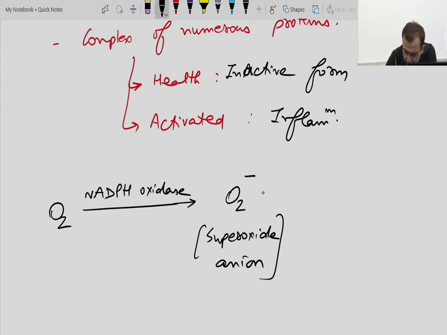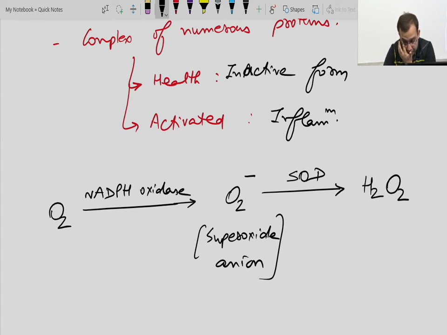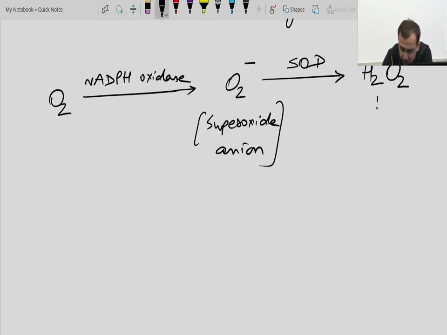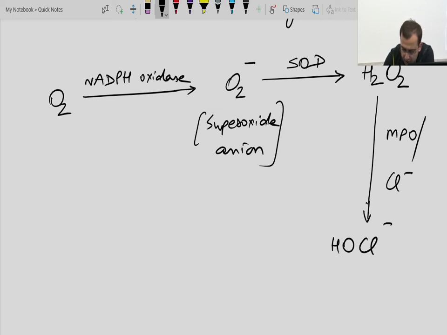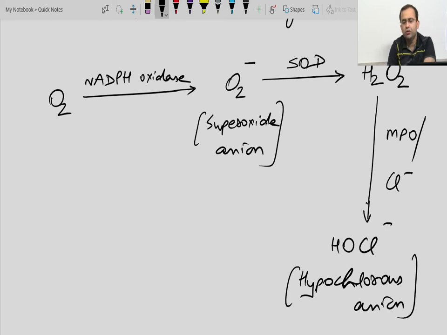This superoxide anion is then acted upon by superoxide dismutase, SOD, leading to the formation of H2O2, which is then acted upon by myeloperoxidase and chloride, leading to the formation of hypochlorous anion, which in turn leads to killing. This is the NADPH oxidase pathway.